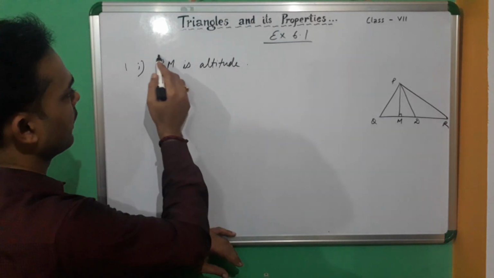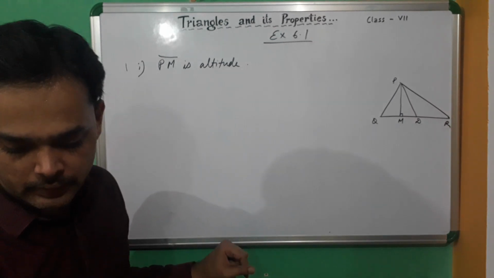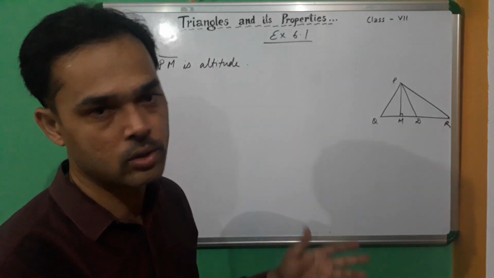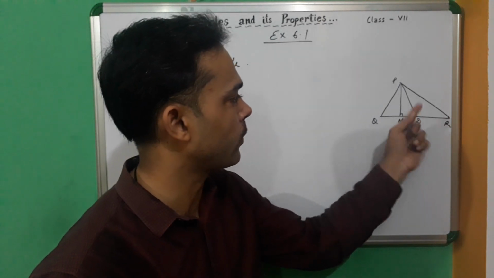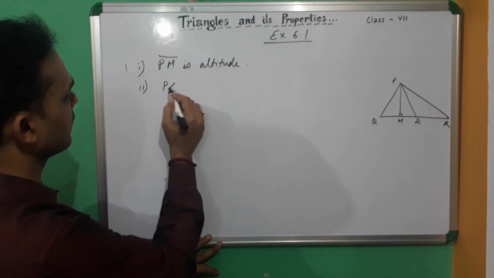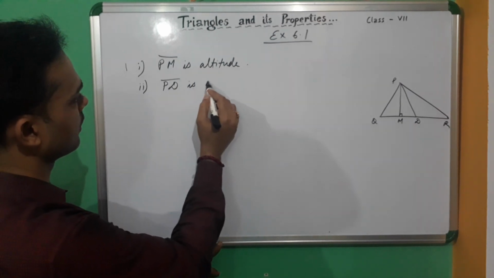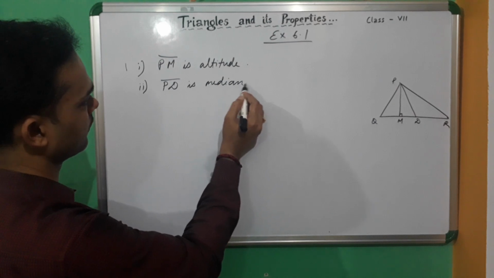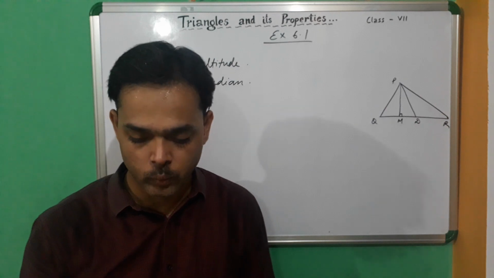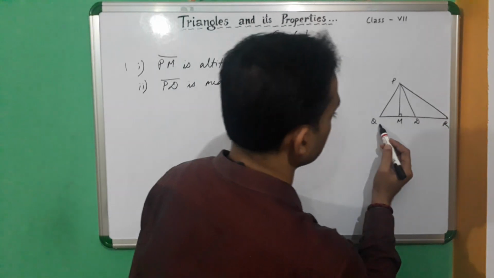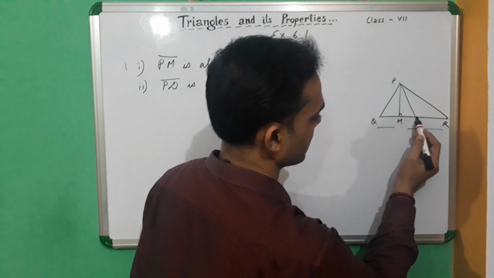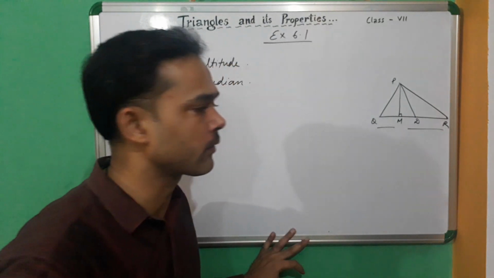Okay, then it is asked, PD is. So it is obvious that since D is the midpoint, PD will be median. So in second part, PD is median. Now after this it is asked, is QM equals to MR? Now you can see that D is the midpoint of QR.